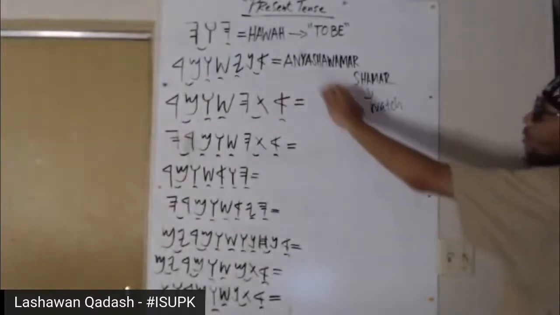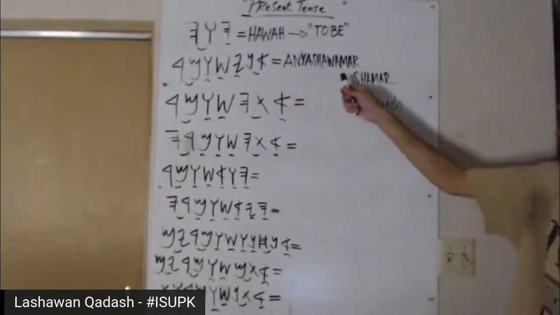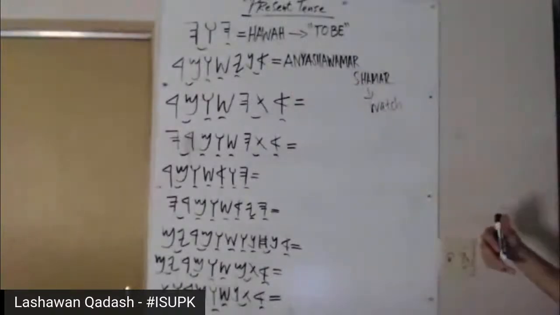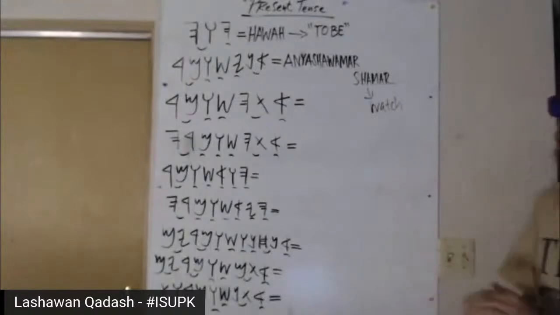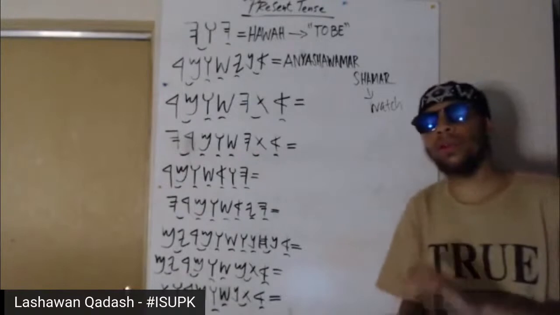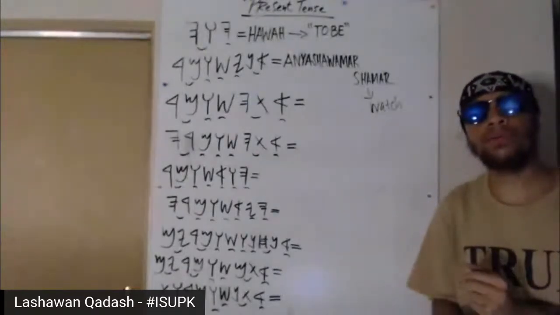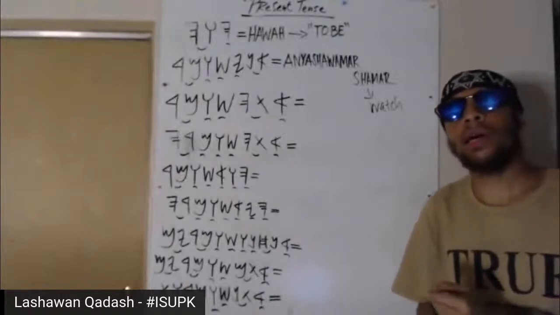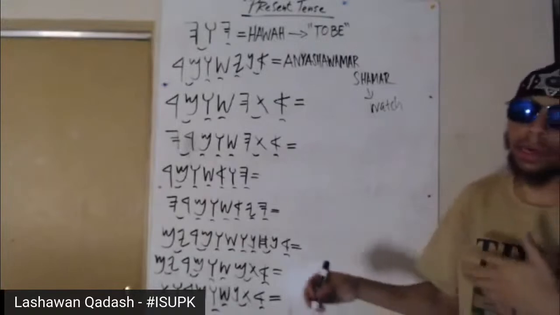Now, the reason the wa is there is that it's kind of like a statement. As far as prefix and suffix, the wa is kind of like "and."